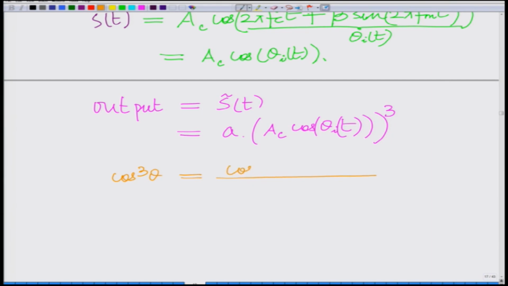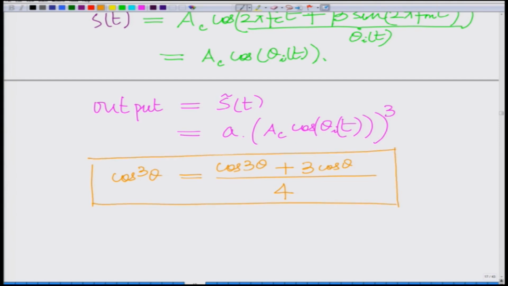Cosine cube of theta is cosine 3 theta plus 3 cosine theta divided by 4. So, this is the property of cosine cube theta that one can use.